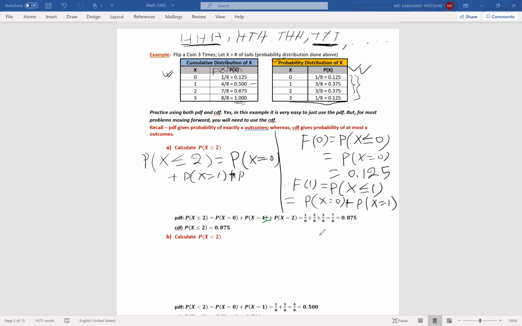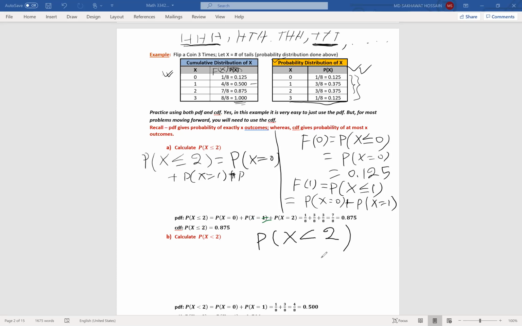So in part B, we have the probability of X less than 2. What is the difference between A and B? Here we want to find the probability of X less than 2. The first one is X less than or equal to, so the values of X can be 0, 1 up to 2.